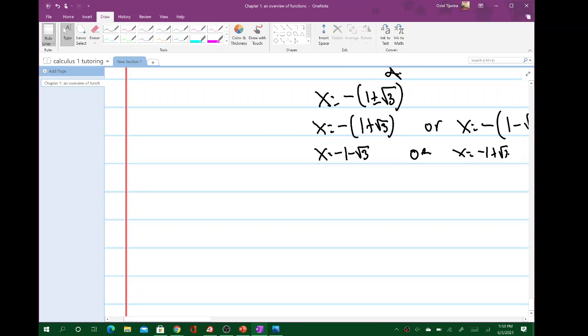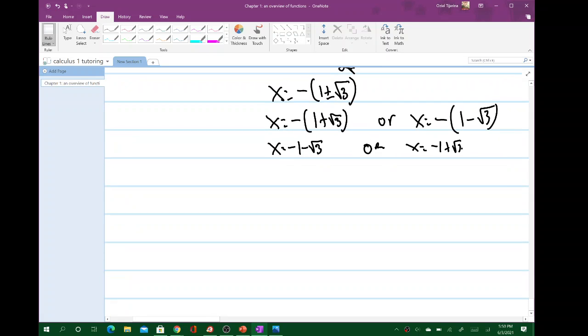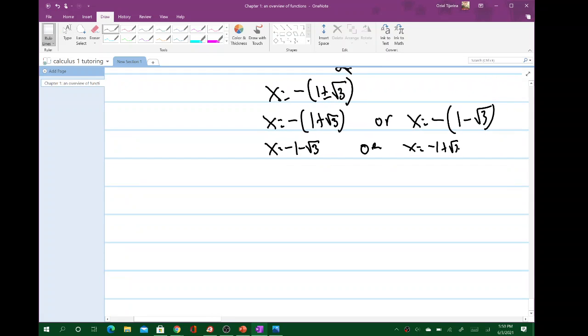And if you want to go ahead and simplify that in decimal form, you can. But whatever it is as a decimal, you can put that, or you can just put this. It would be (-1 minus square root of 3, 0) and (-1 plus square root of 3, 0).